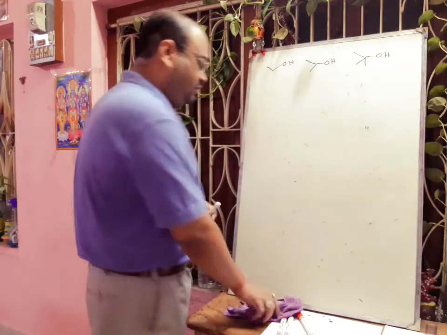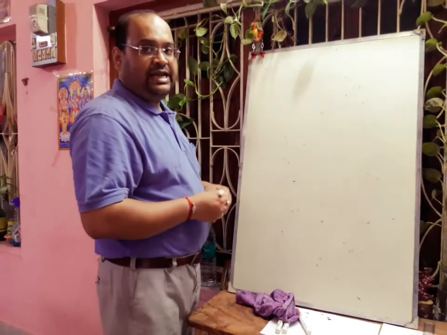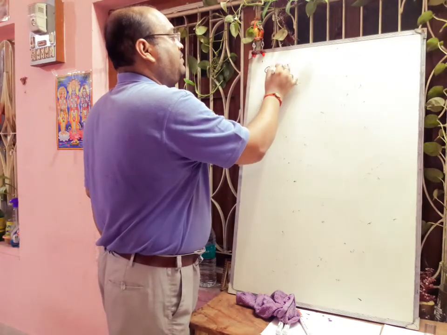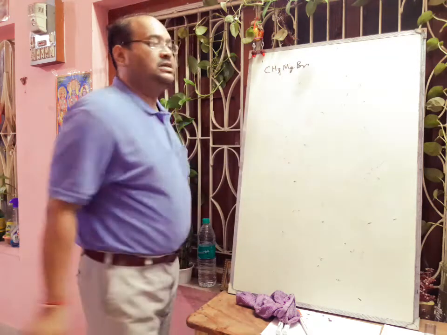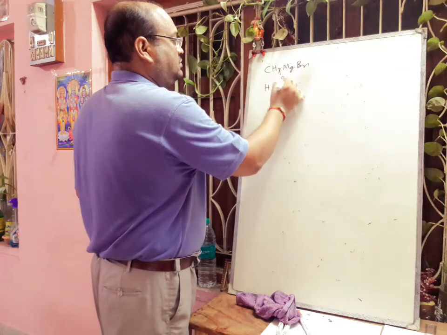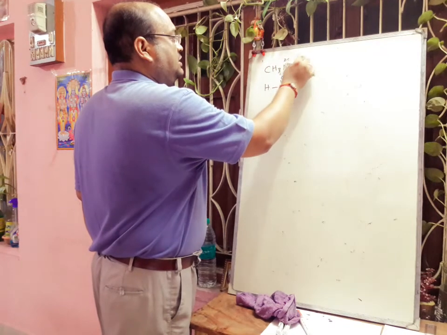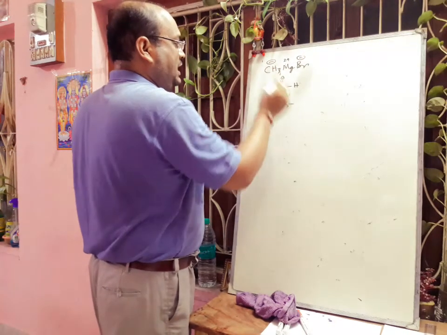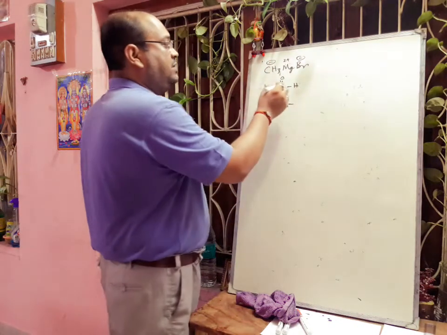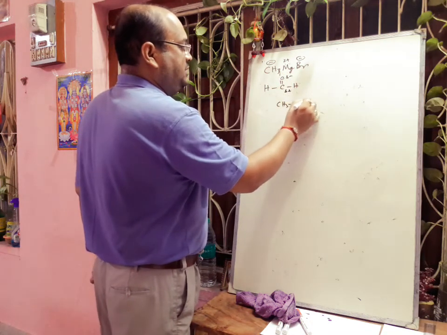So first we have to write the Grignard reaction. We have to take Grignard reagent, methyl magnesium bromide. First we are taking formaldehyde. Here magnesium is 2 plus, and these are minus and minus. So here the alkyl is an anion, that means CH3 minus, that will attack this electron deficient carbon because it is delta positive and the oxygen is delta negative, CH3MgBr.